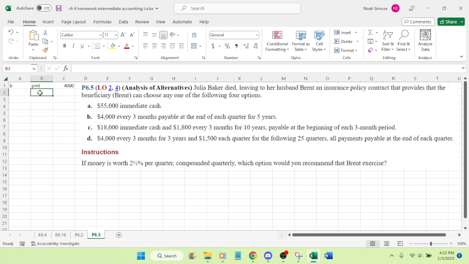So that means it's 4 times a year. It's 5 years, so it's 20 periods. And then the rate is that per quarter, and we already have it per quarter, so we have 0.025. Stop. Therefore, we want to find the present value of that. What is the present value?